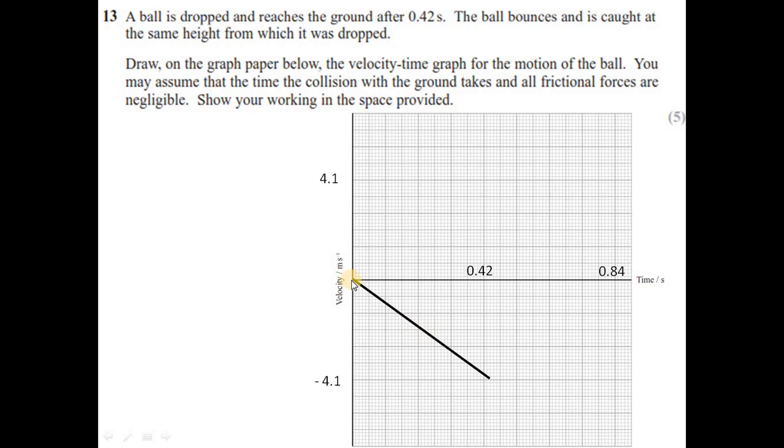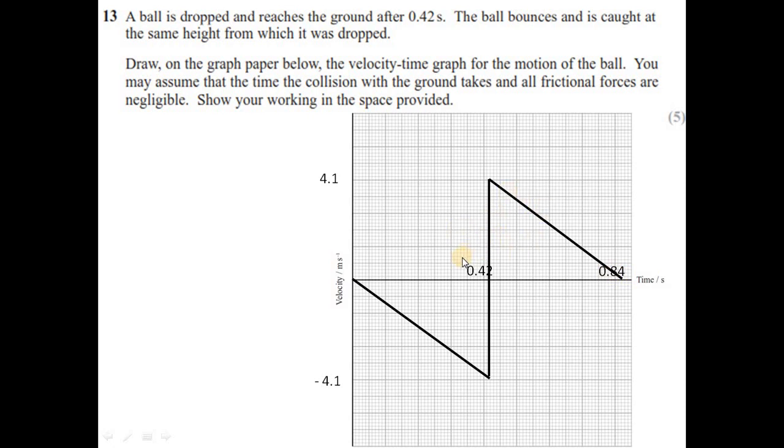The ball is coming down, so velocity is increasing, but in the opposite direction, or in a negative direction. When it hits, you have a sudden change due to the impulse of the floor, and then this region shows that the ball is going up and the velocity is decreasing, and it is caught there.